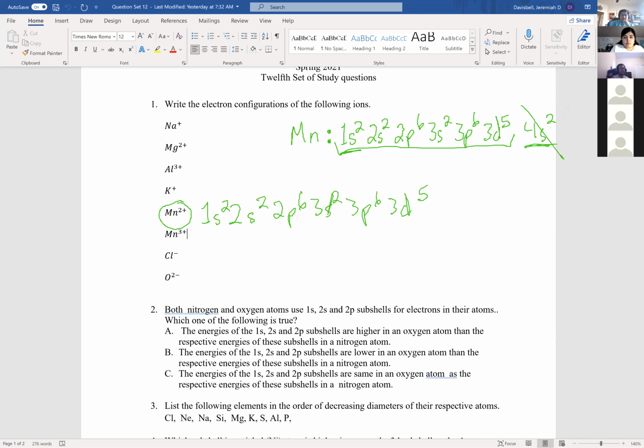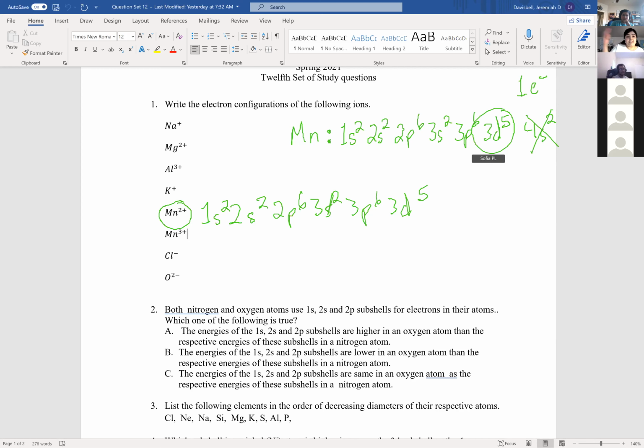And then for manganese 3+, I'm going to backtrack real quick. Let's say we're back to the neutral, right? And now we're going to take away how many electrons if we have a +3 charge? 3 electrons, right? You can take away these 2 electrons, but then we still have to take away 1 electron. So where can we take it away from? The 3d, right?